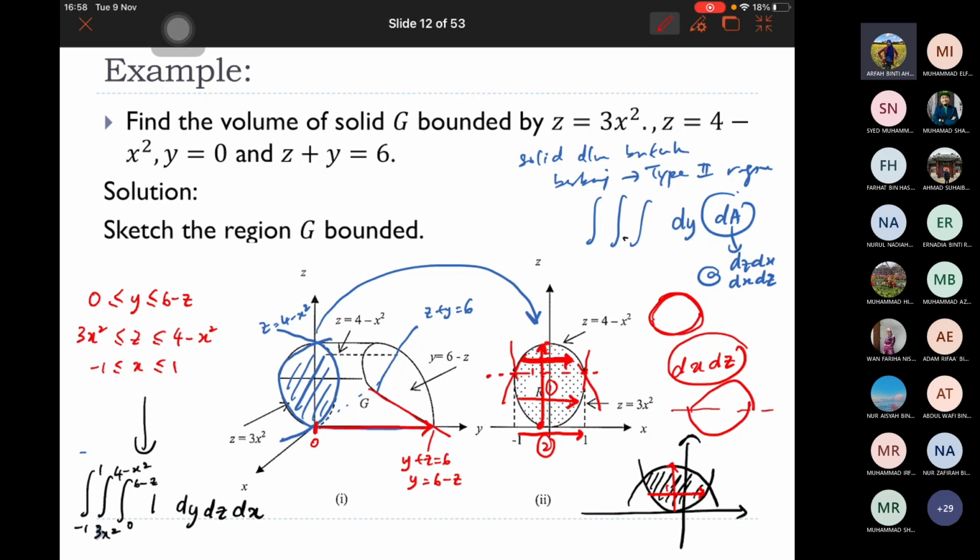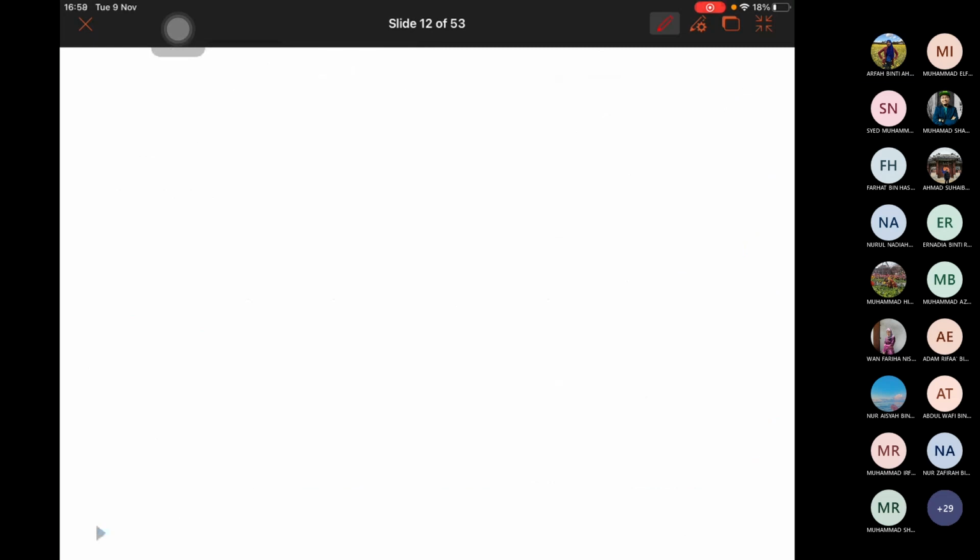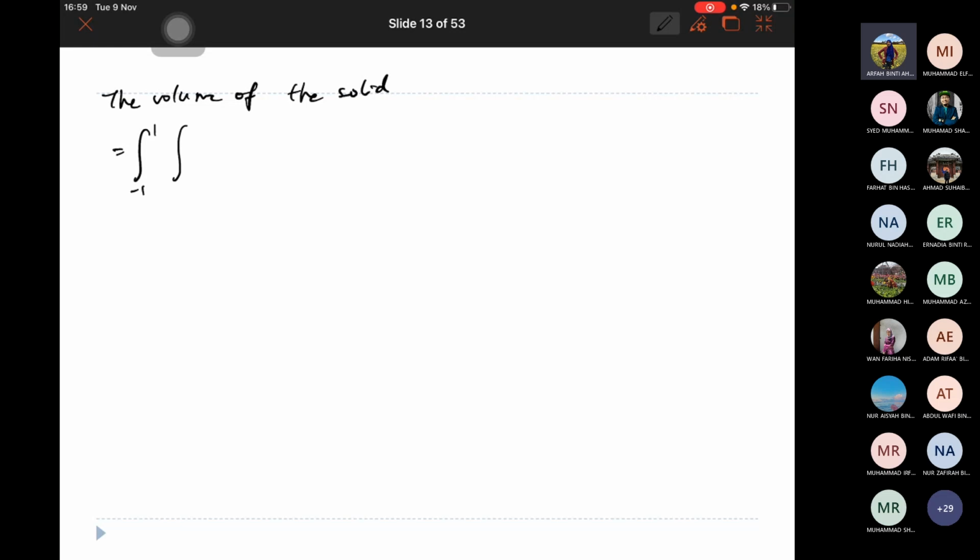So, from here, tentukan dia punya integration, the volume of the solid. Okay. The volume of the solid akan sama dengan integrate daripada negatif 1 sampai 1, 3x squared sampai 4 tolak x squared, 0 sampai 6 tolak z, 1 dy, dz, dx.